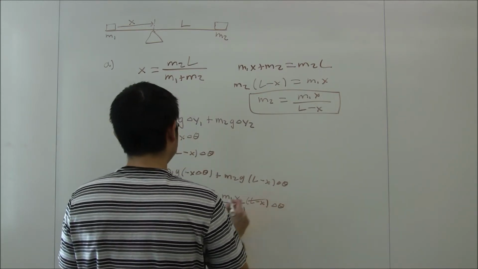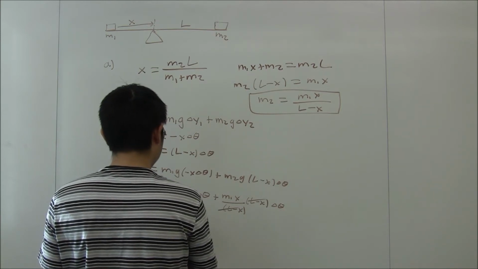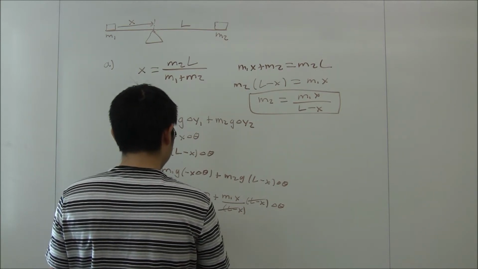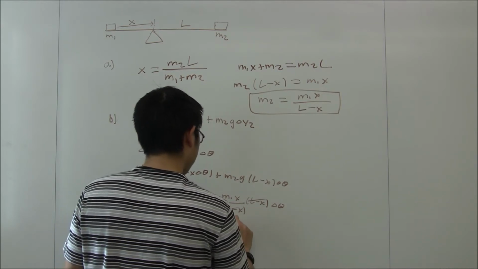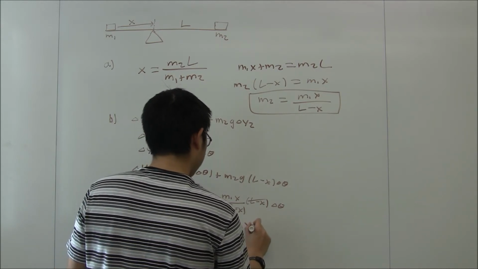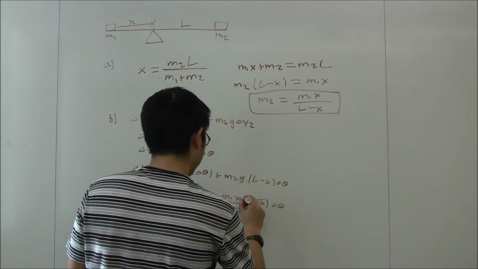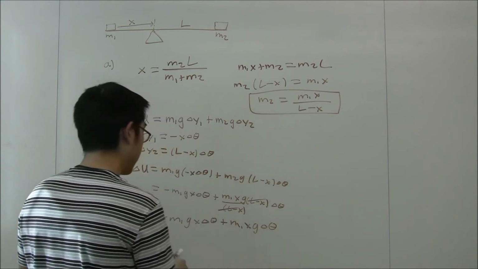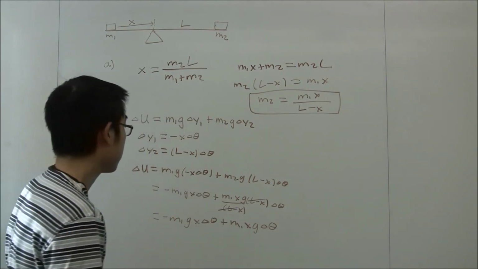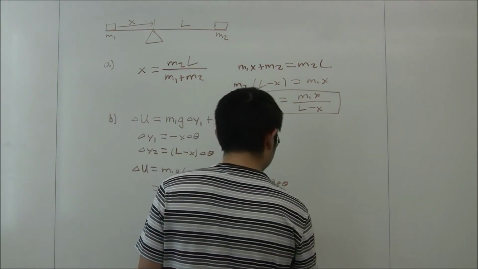So the (L minus x) cancels out, so we get that this is equal to negative m1 g x delta theta plus m1 x, sorry, we left over g here, g delta theta. As you see, these two cancel out, so that is just equal to 0.